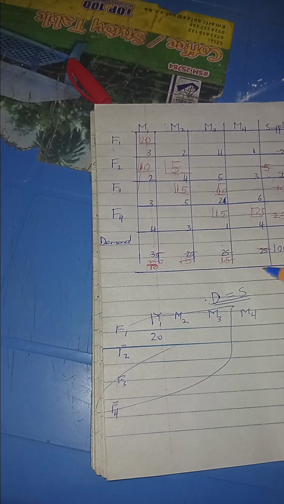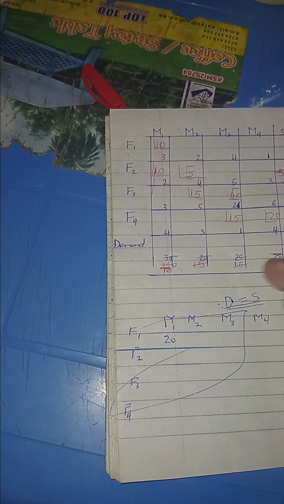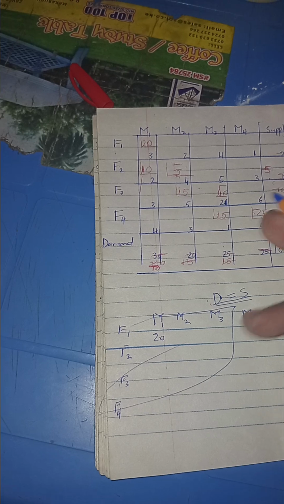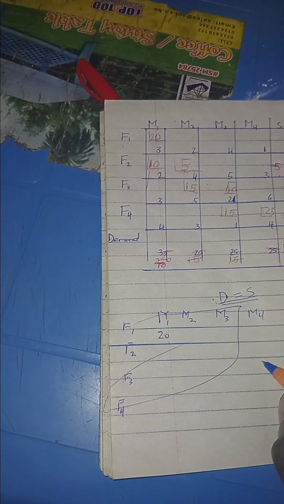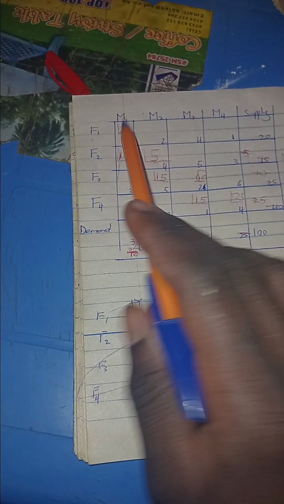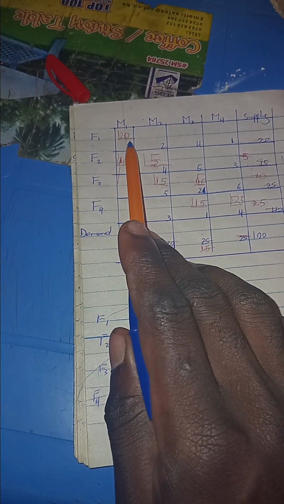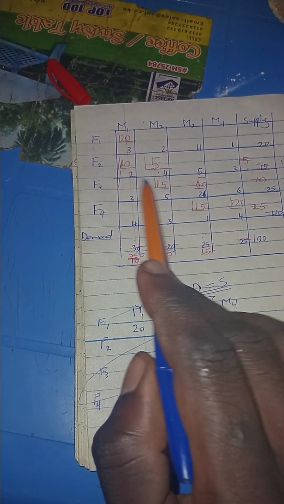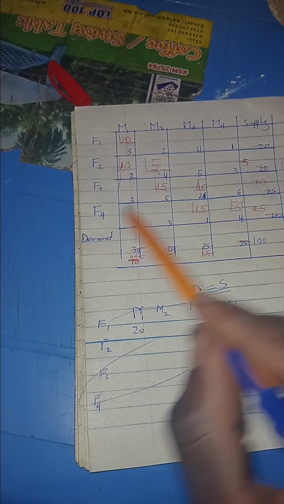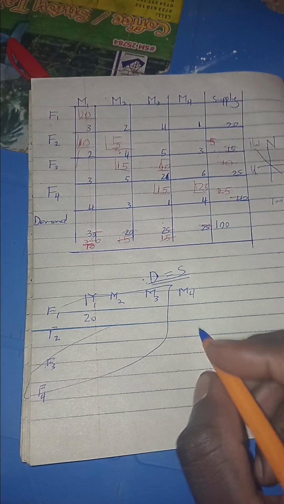Now, to sum it up, we have to check on the total transportation cost. What we need to do, we have 20 times 3, we have 5 times 4, you have 10 times 2. We add all of them, then you get the total transportation cost.